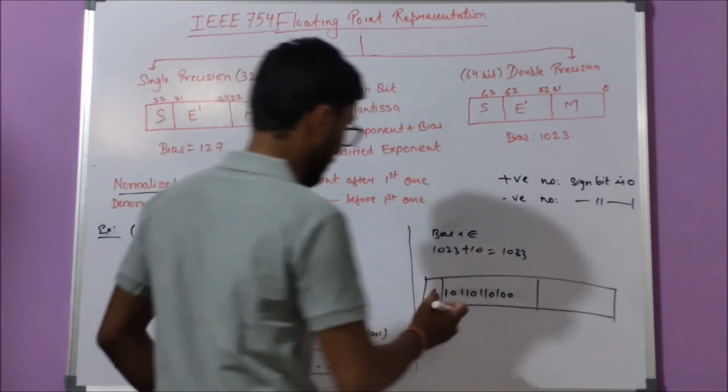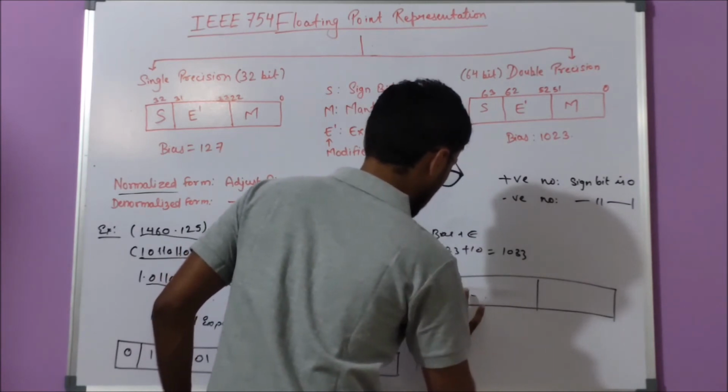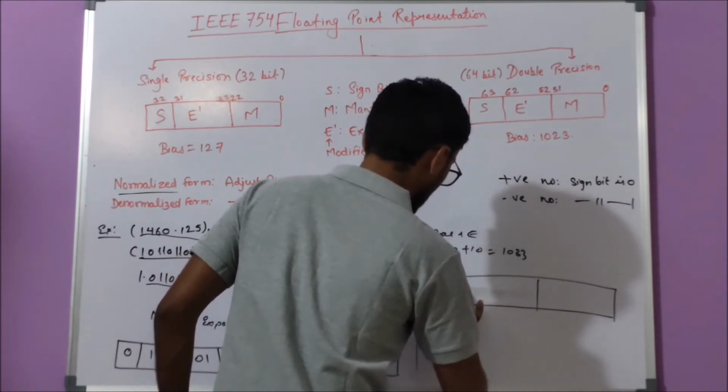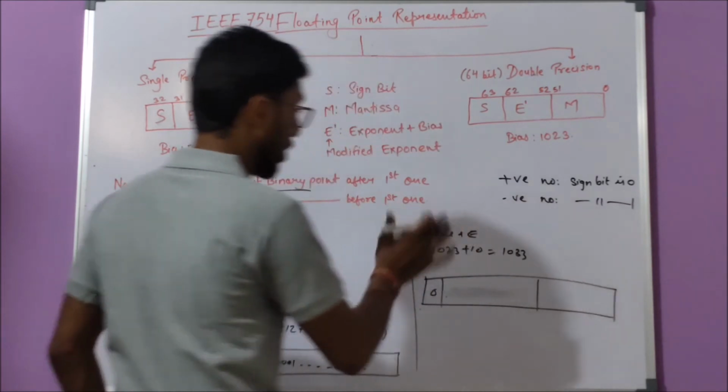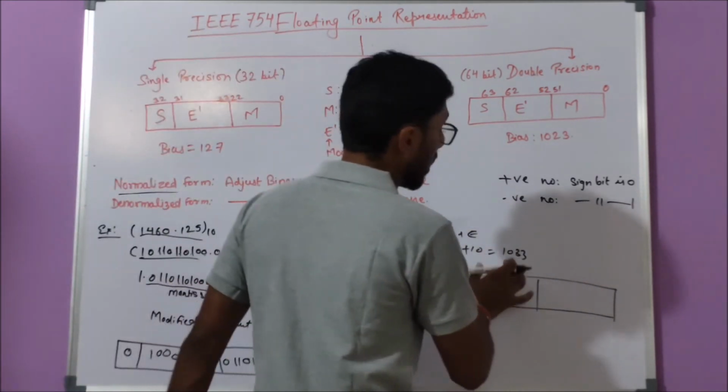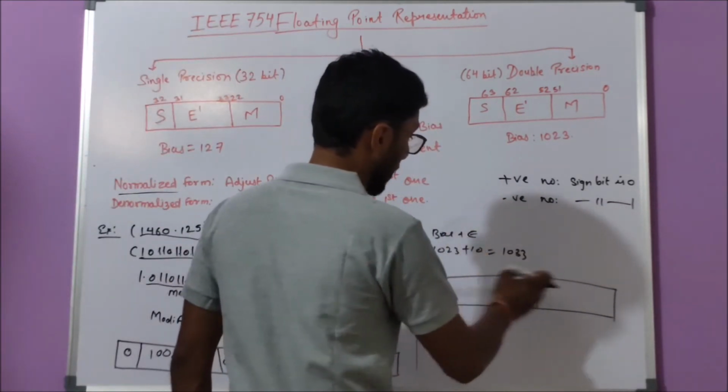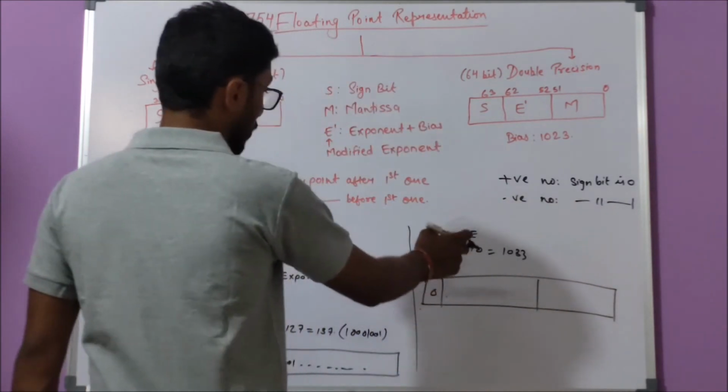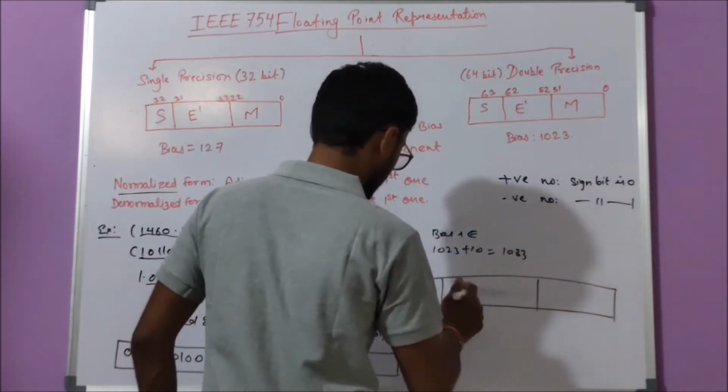Again I am making mistakes. This is the block for writing a modified exponent, and mantissa should be written here, and we should write 1033 here.